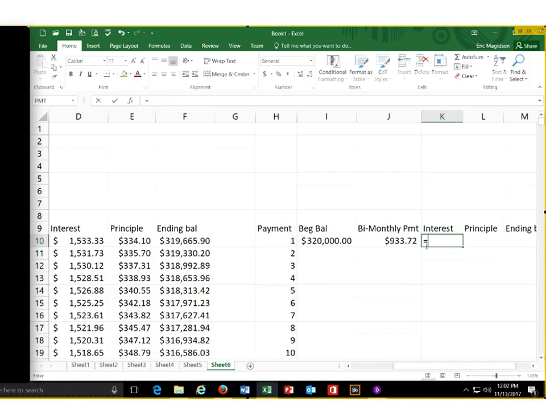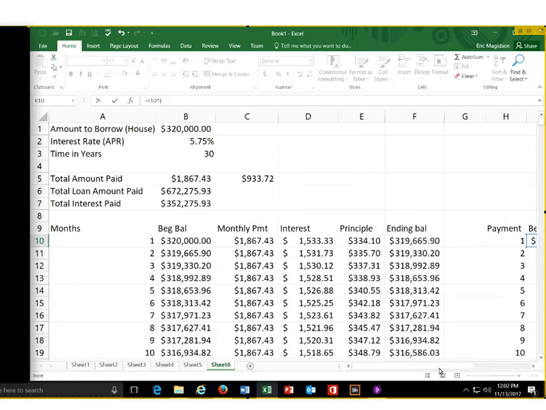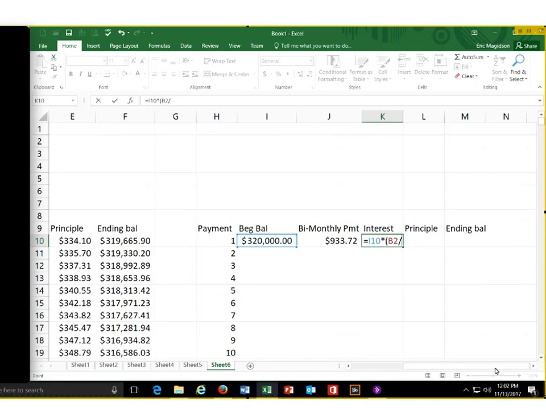So my interest is going to be my beginning balance times my annual interest rate, which is here, divided by 24. Why by 24? Because I'm making 24 payments a year. So I need to figure out what the bi-monthly interest is. Does that make sense?